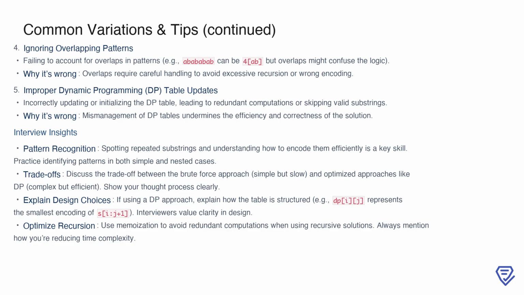For the average case, with randomly structured strings, the complexity doesn't improve significantly because the algorithm still examines all substrings, checks for repeated patterns, and evaluates partitions. This consistent, exhaustive approach keeps the complexity at n cubed. In the worst case, where the string contains many repeated patterns, such as a, a, a, a, the algorithm intensively checks for repetitions and partitions. Even here, the overall complexity stays n cubed, because the structure of the loops and operations does not change.